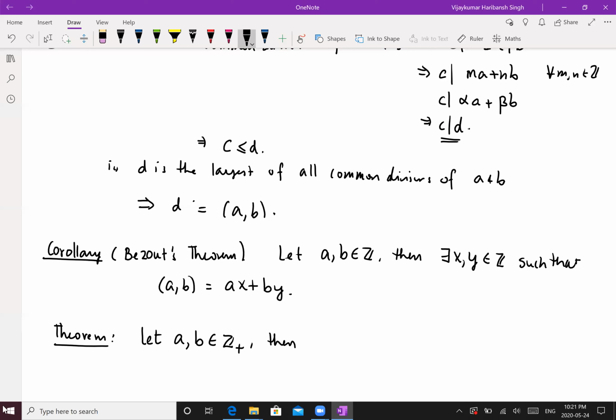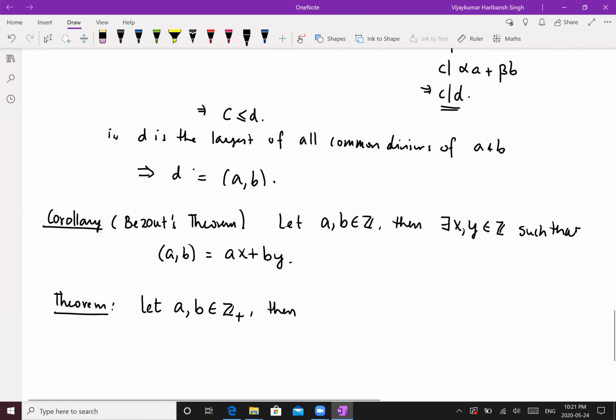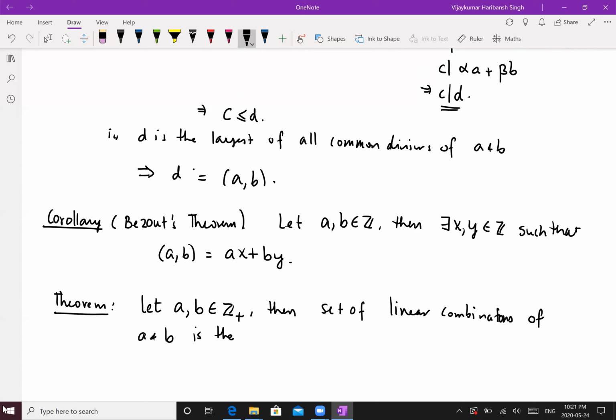Then the set of all linear combinations of A and B is the set of integer multiples of the GCD of A and B.